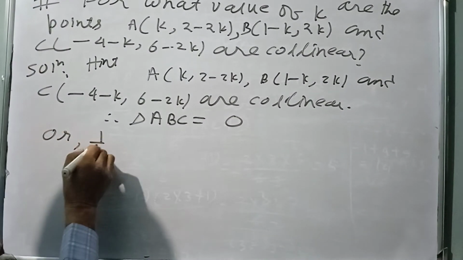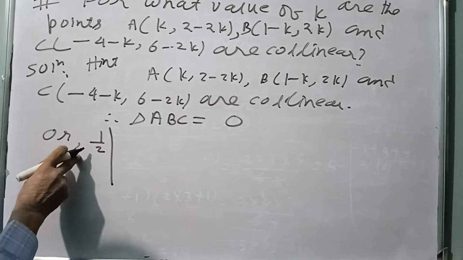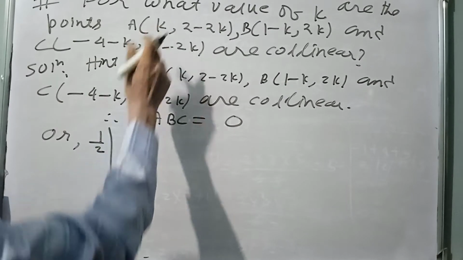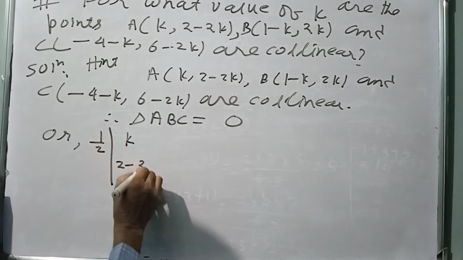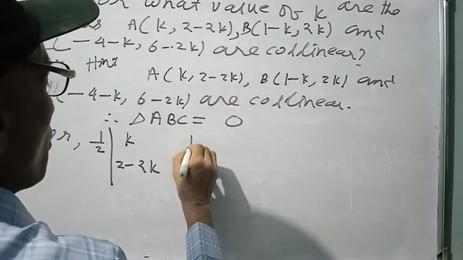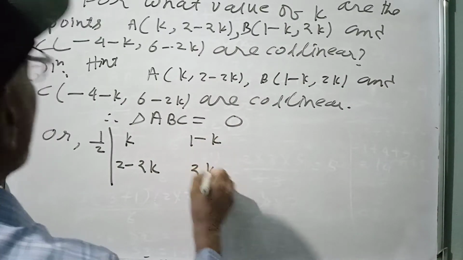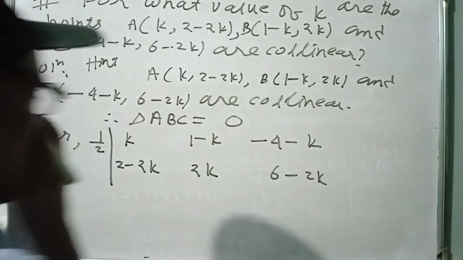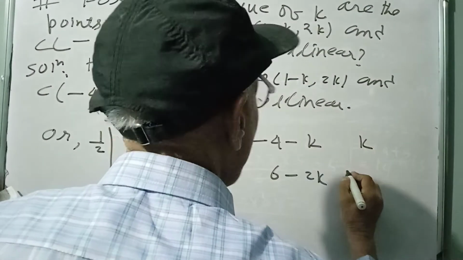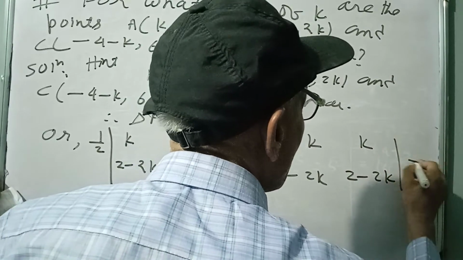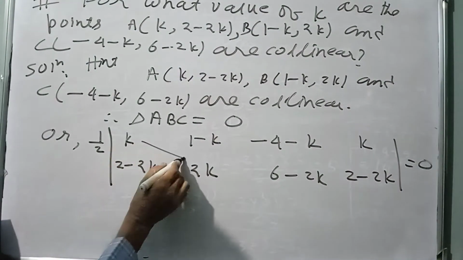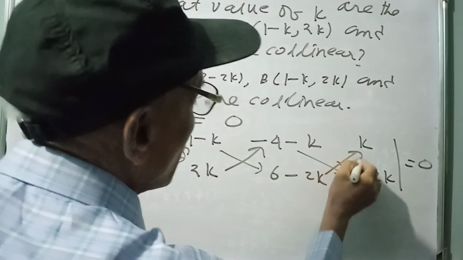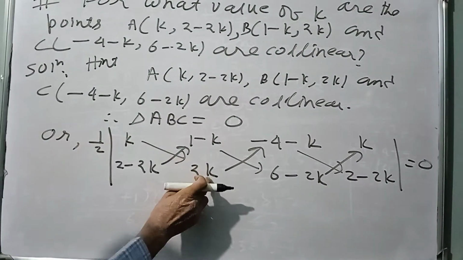I just give you a hint and write half. Write the coordinates as vertices: A (k, 2 minus 2k), B (1 minus k, 2k), C (minus 4 minus k, 6 minus 2k), and the first point k, 2 minus 2k is repeated. Now multiply this way: this into this minus this into this.